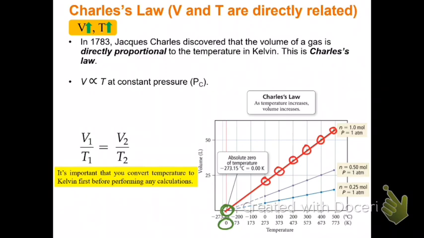The reason why is because there's no way that you can get negative volume at colder temperature. And so that's basically the limit, 0 Kelvin, the coldest temperature possible.